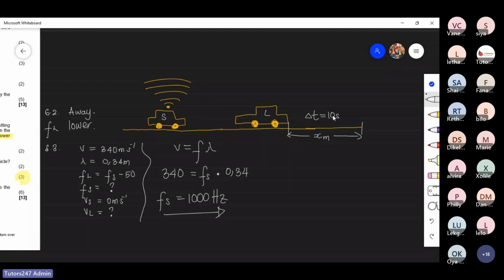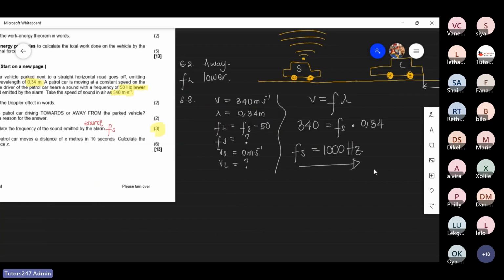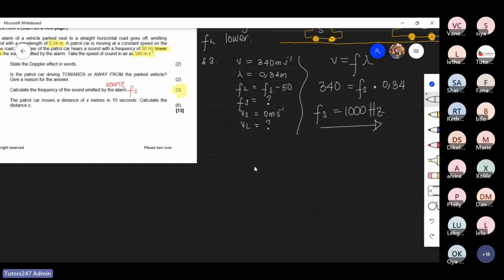Because we are dealing with velocity, time, and distance, we have the option to use our 4 equations of motion. This is question 6.4.